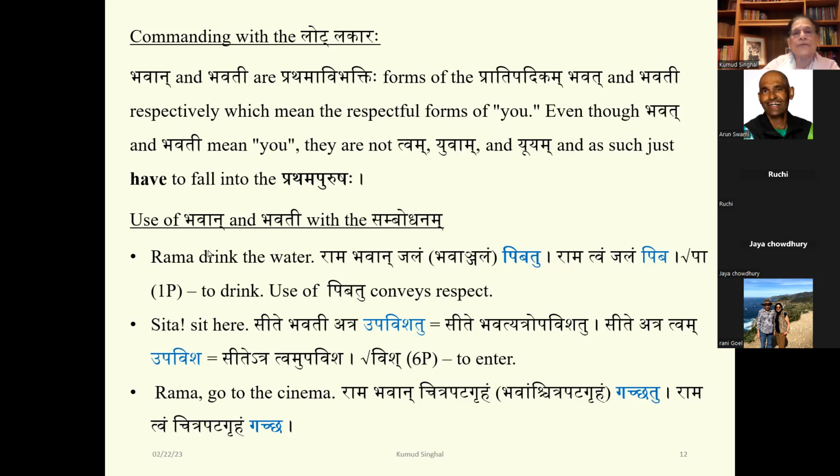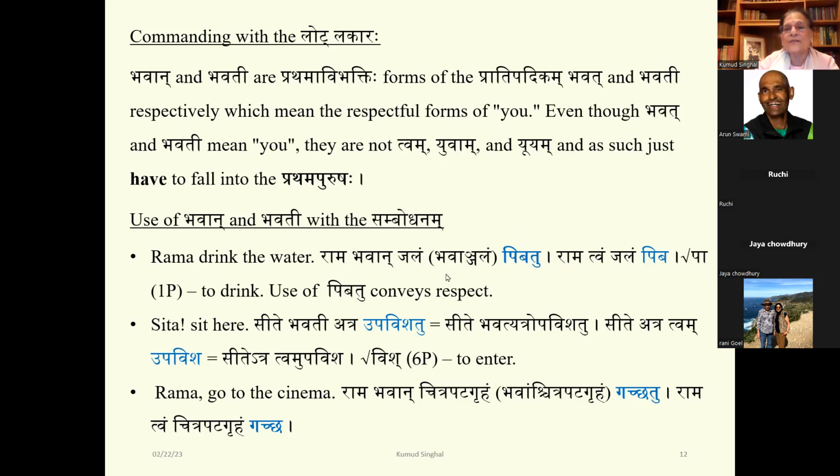So for example, if you have: Rama, drink the water. Either you could say Rama, this is the Sambodhanam, Bhavan, Jalam, Pibatu. So it is the prathama purusha that is used, right?